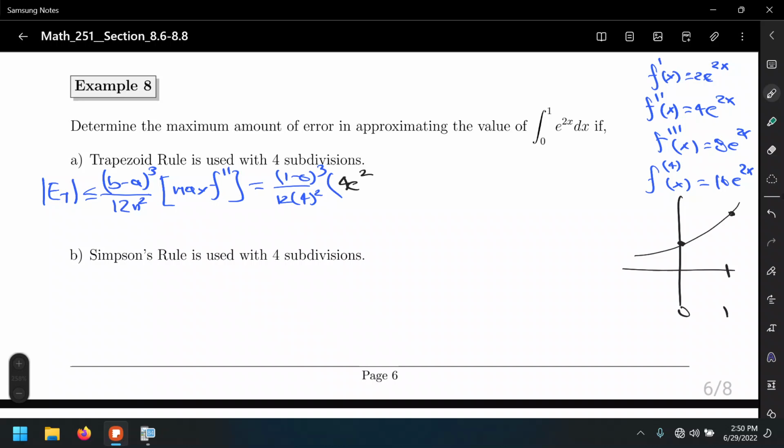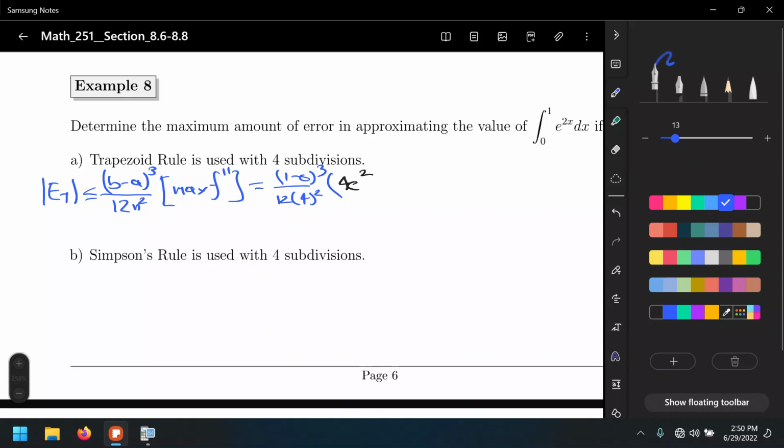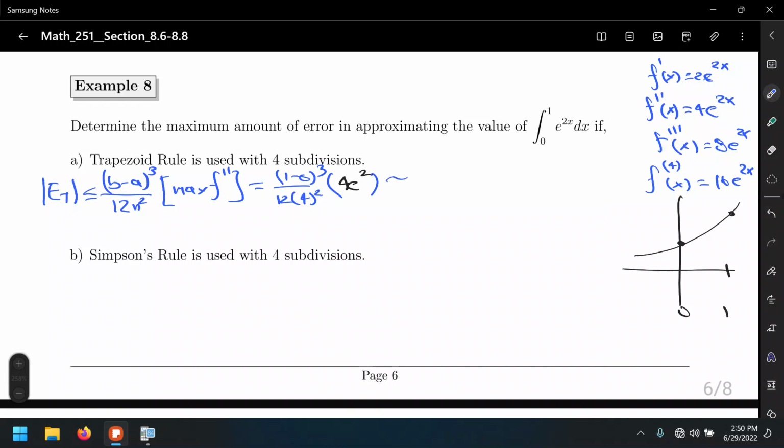Alright? And approximating this result, number one, this is still equal to 4e squared over 192, and in this case, approximately 0.154.